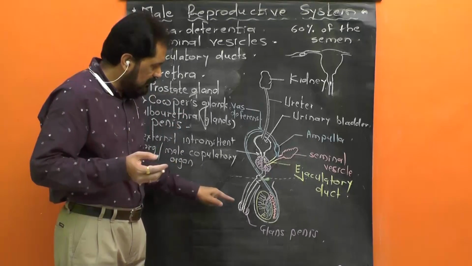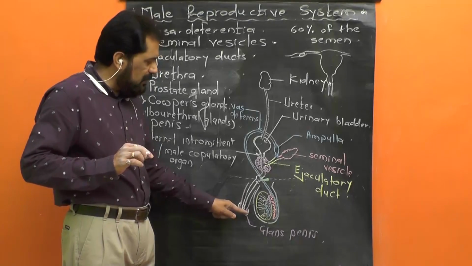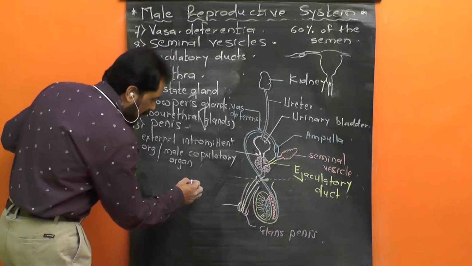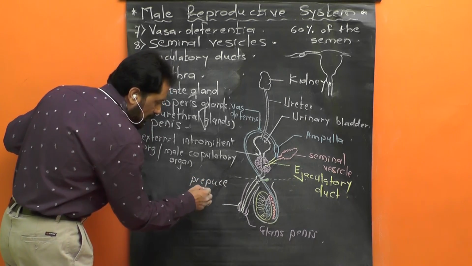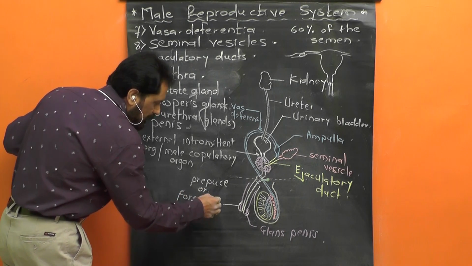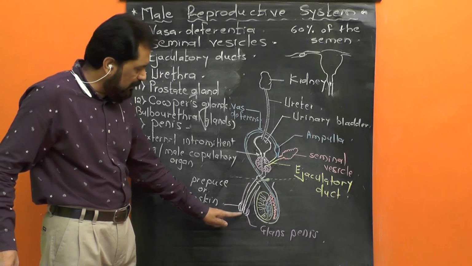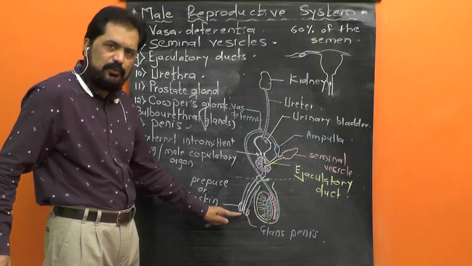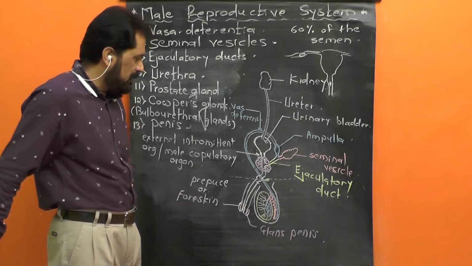Retractable in the sense the skin can be retracted back, and that fold of skin present over the glans penis is known as prepuce, or may be called foreskin. And at the tip of the penis, the urethra opens, what we call the urethral orifice or meatus.